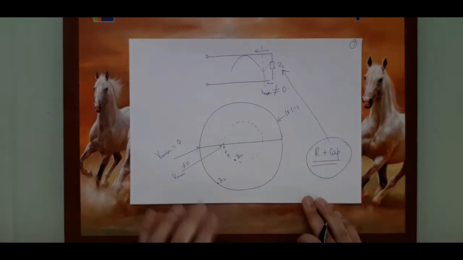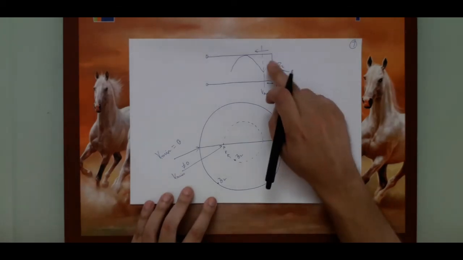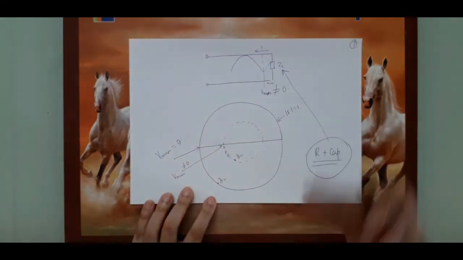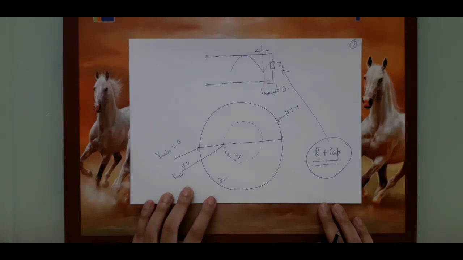Now I leave it to you as an exercise to think of other possible maxima or minima that you can encounter, whether it is 0 or non-zero, and thereby try to identify if the load is inductive, purely inductive, or has some resistance plus inductance component.